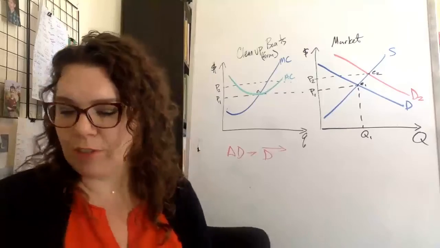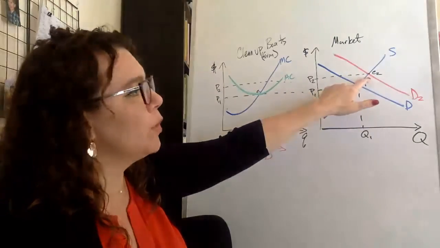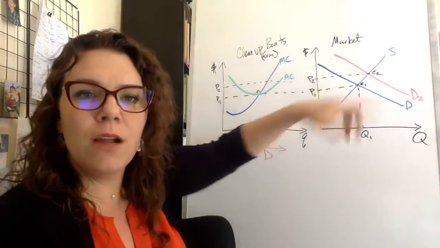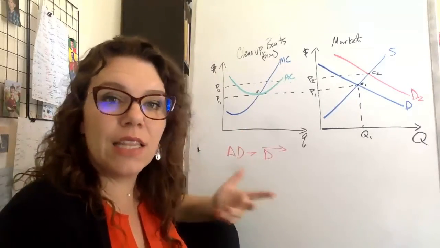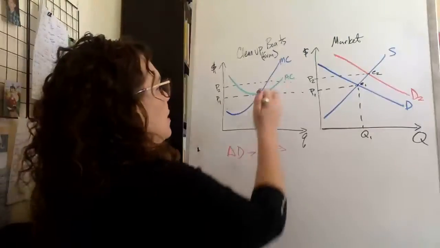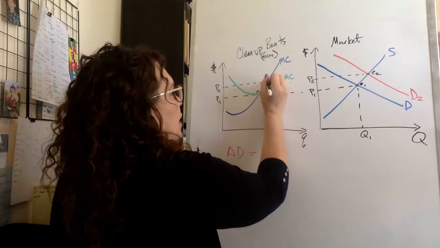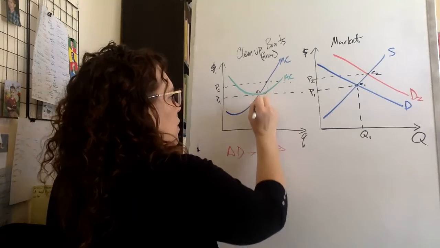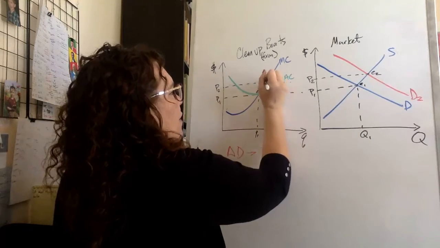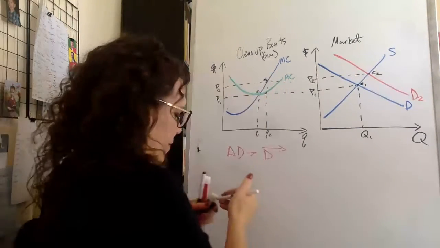So the first thing you want to do is identify the new equilibrium now that demand has increased. The next thing you want to do is identify the new equilibrium in the individual firm market, and that's going to be here. This firm is now going to be producing a larger quantity and facing this higher equilibrium up here.